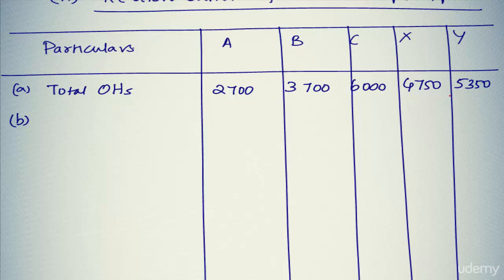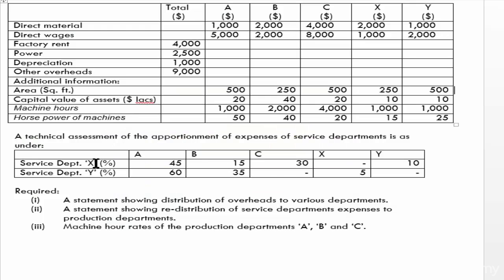If you go back to the question, it says service department X renders its service 45% to department A, 15% to B, 30% to C, and 10% to department Y. So the cost incurred by service department X has to be apportioned between these four departments in the ratio of 45:15:30:10. So we'll do that.